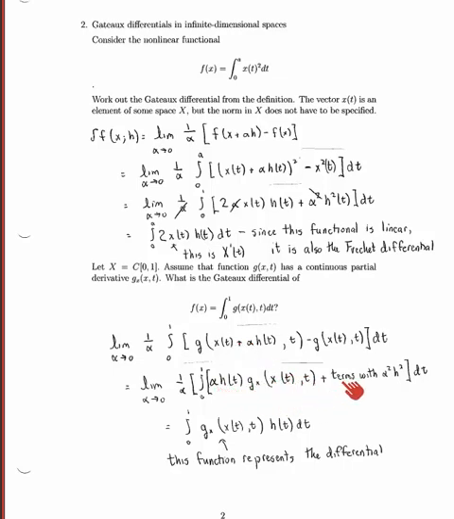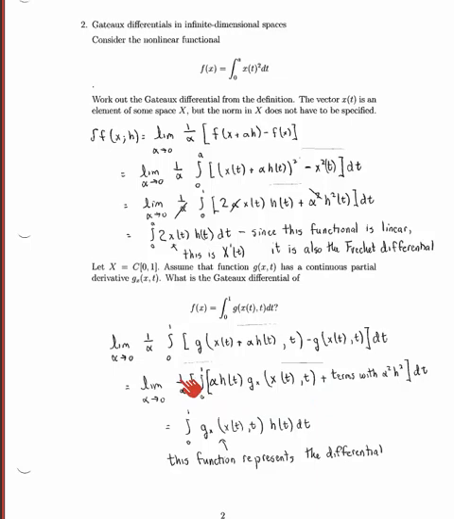This is not exact, but the other terms will have alpha squared, h squared in them. In general, they will be terms that have the property that when I divide by alpha and take the limit as alpha goes to 0, they go away.